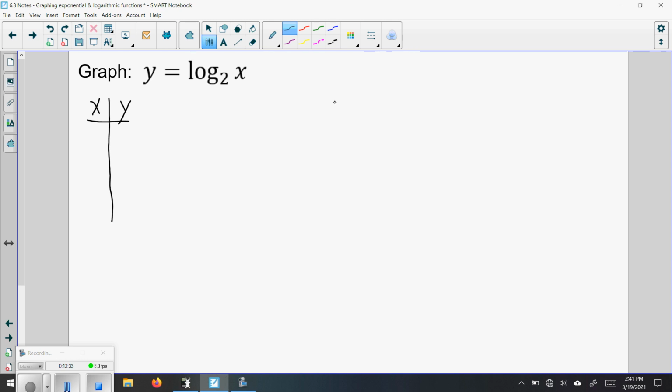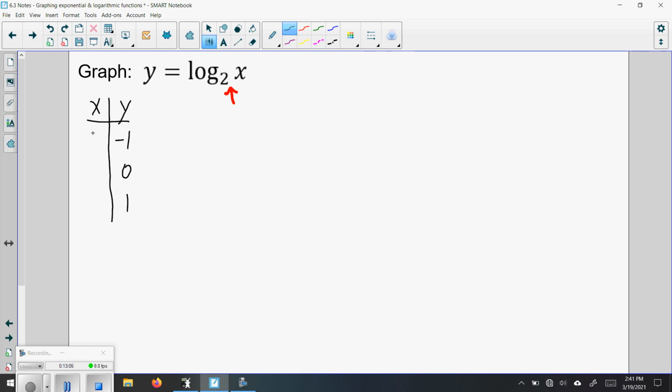Okay, so to find the inverse, we switch x and y. So since this has a base of 2, that means our exponential had a base of 2. So I'm going to write what we normally put as the x values as the y values. So our y values will now be negative 1, 0, and 1. To find the x value, we simply raise the base to the power of the y value.